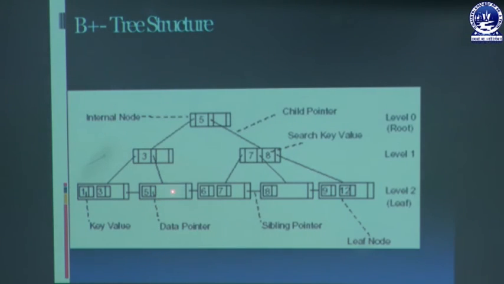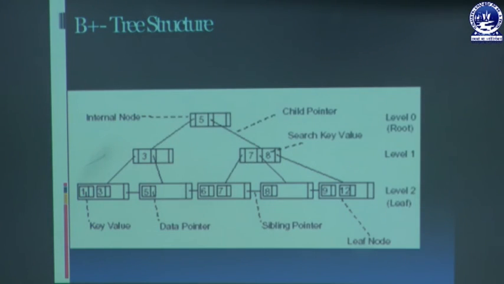In this way we will continue, and each data pointer points to the record whose search field value is Ki or to a file block containing the record. Each leaf node has at least p by 2 values, and all the leaf nodes are at the same level in a B plus tree.